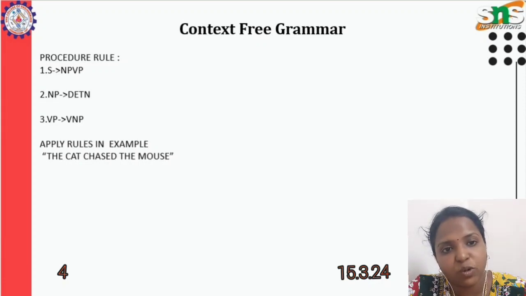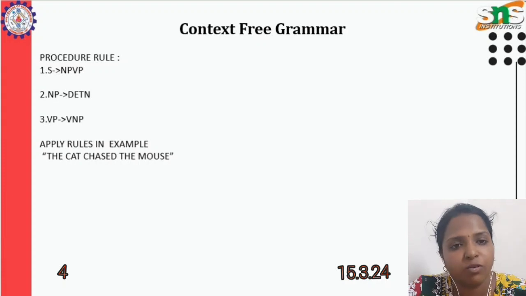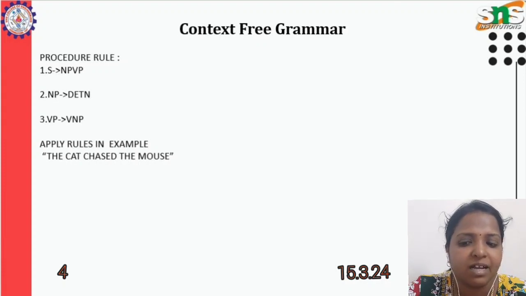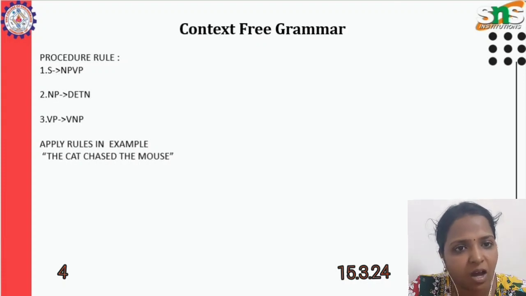Then I go to rule three, the verb phrase. The verb phrase should have the verb first, and next it should be followed by a noun phrase. Here my verb phrase is chased the mouse. Obviously chased is a verb, and it is followed by the mouse, which is a noun phrase. In the noun phrase you have the determiner the and the noun mouse.